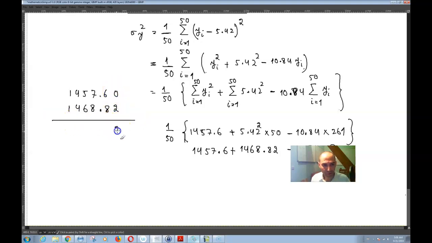And so I have a 2 over here, I have a 14 over here, 1, 15, 16, 1, and then I have basically 6 plus 6 is equal to 12, 1, and I have 4 plus 4 is equal to 8, 9, and I have a 2 over there and the decimal point.